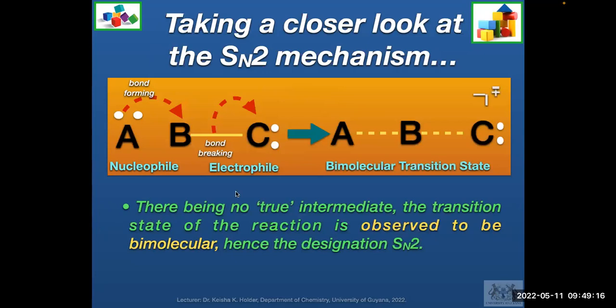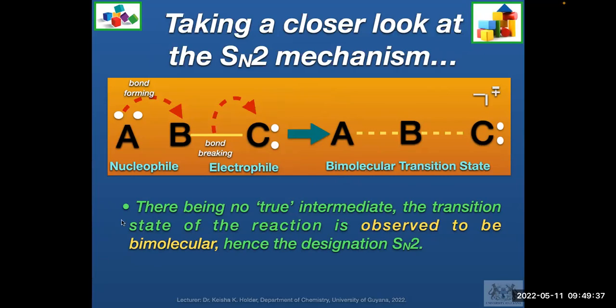So here we have a picture of our transition state in generic form, and here it is what we refer to as bimolecular. The reason why it's called bimolecular is because what is happening is the nucleophile and the electrophile are a part of this transition state.